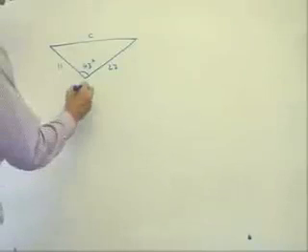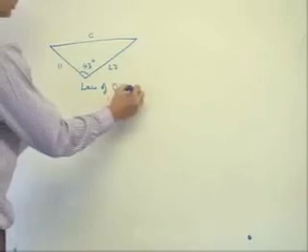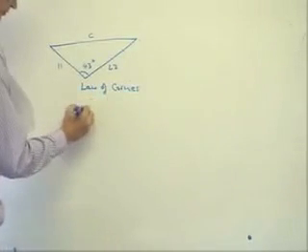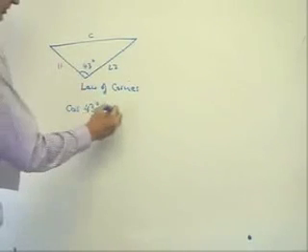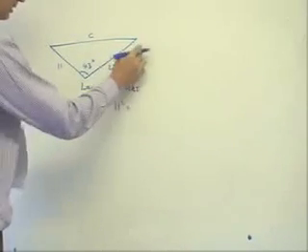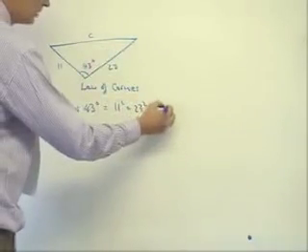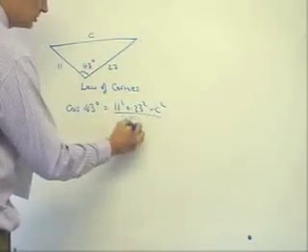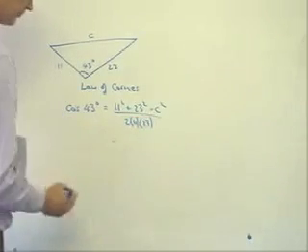The law of cosines. So cos 43 degrees equals adjacent squared plus adjacent squared minus opposite squared all over 2 times adjacent times adjacent.